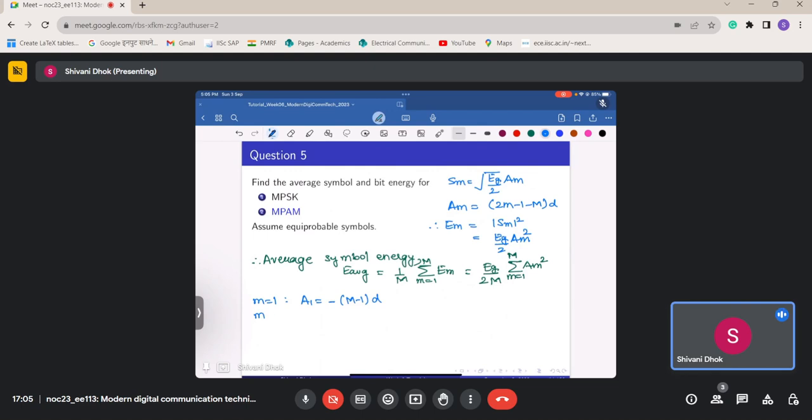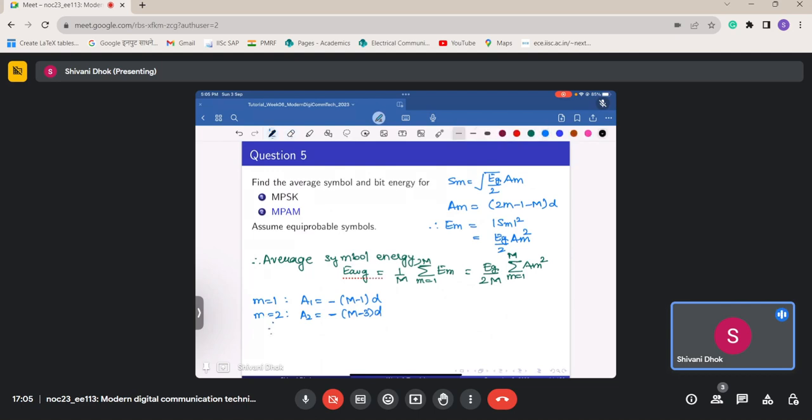Then if I have m equal to 2, then this is basically 2m minus 4 minus 1, that is 3 minus m. So this A2 is equal to minus (m minus 3)d, and so on.